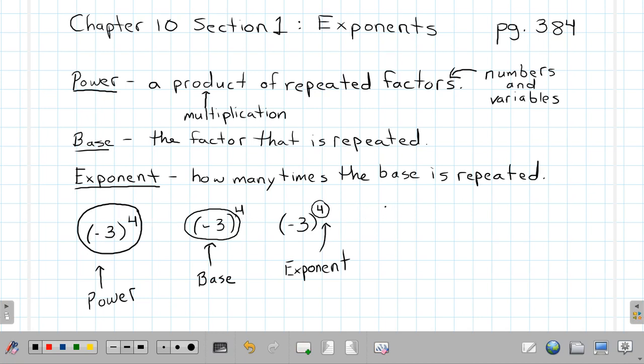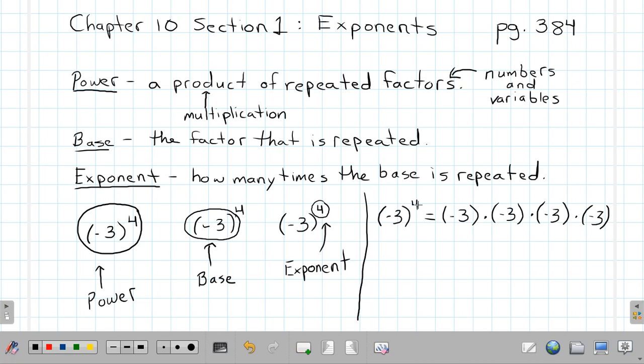But what -3 to the fourth power actually represents is -3 times -3 times -3 times -3. Okay, so now you see where we get this idea of repeating.